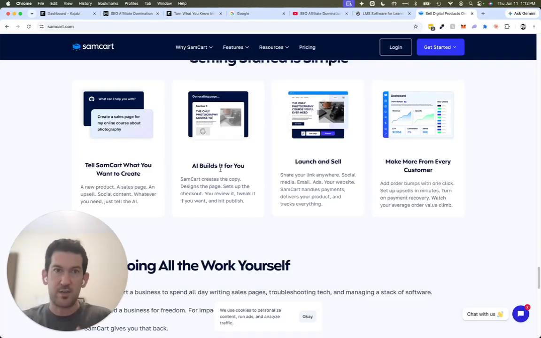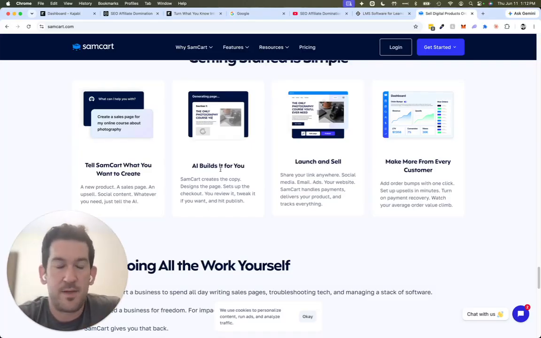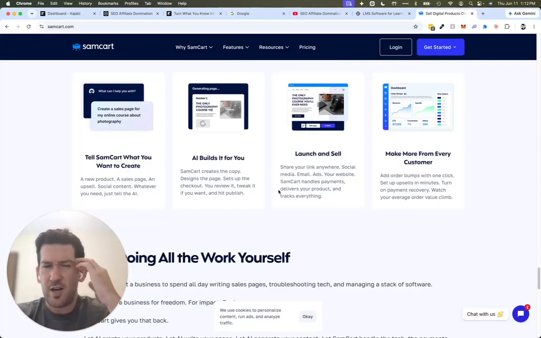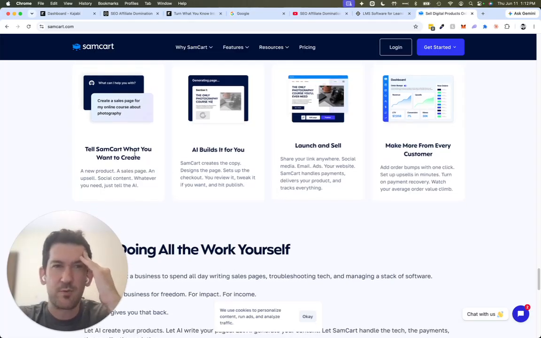You want to create some side income for yourself, or maybe income that will replace your 9 to 5 job, but you're not a marketer. You don't know how to position things. That's what I really like about some of these recent features in SamCart.